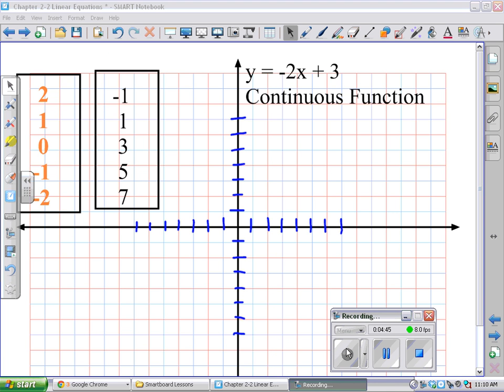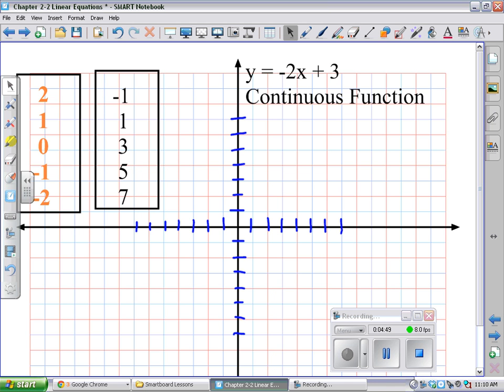Okay, so if we want to graph these points, remember these are my x, and these are my y. So the first point is 2, -1. The second one is 1, 1. 0, 3, negative 1, 5, negative 2, 7.